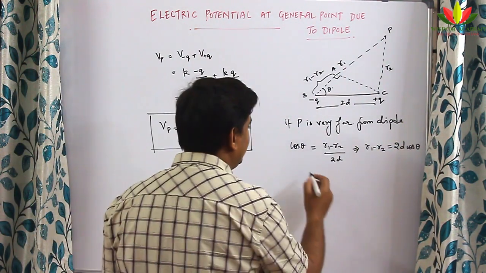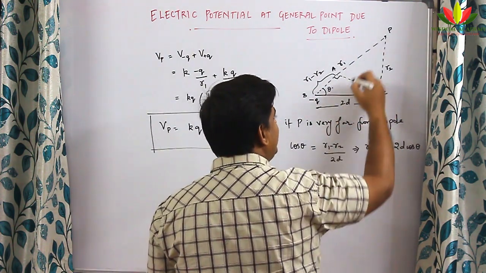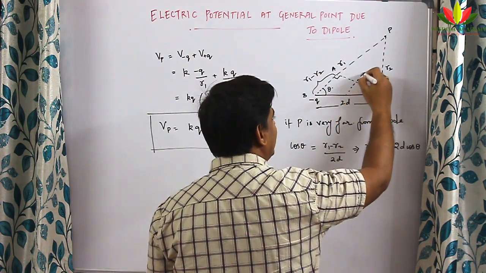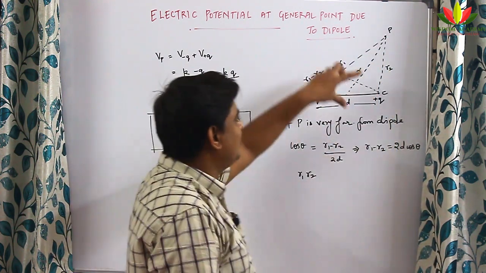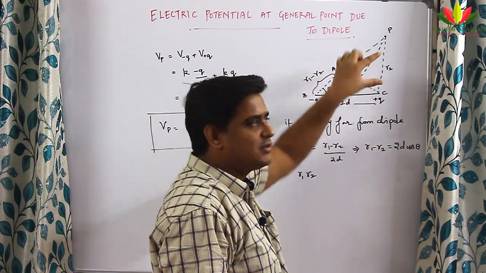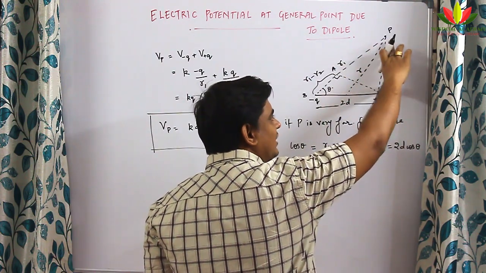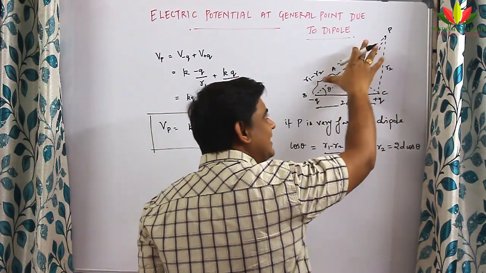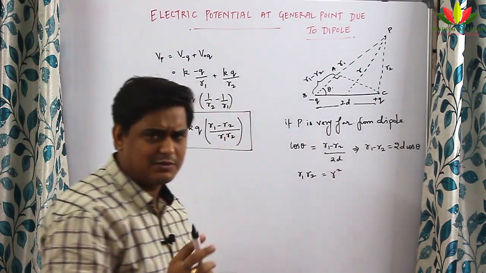Then R1 into R2. See, what I will do is draw from P to the center of the dipole a general line, and that will be R. So if you multiply R1 into R2, it's like I am multiplying R two times. Why I am saying so? R is a little bit more than R2 and a little bit less than R1. So R1 and R2 I am writing it as R square. Do you understand what I am trying to say?